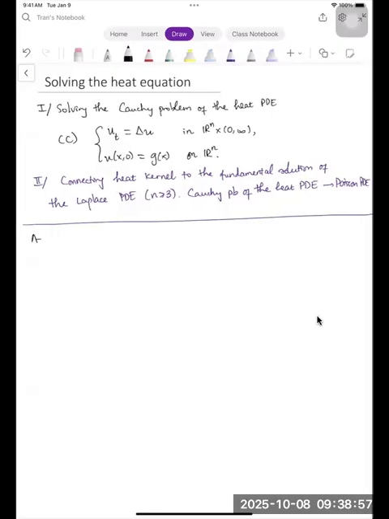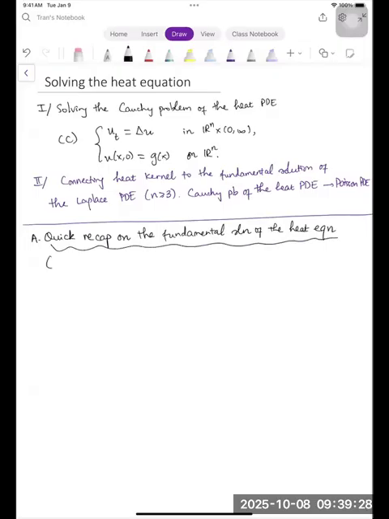Let's first just do a quick recap on the fundamental solution of the heat equation. And of course, this is called the heat kernel, right? The short name for it would be the heat kernel.